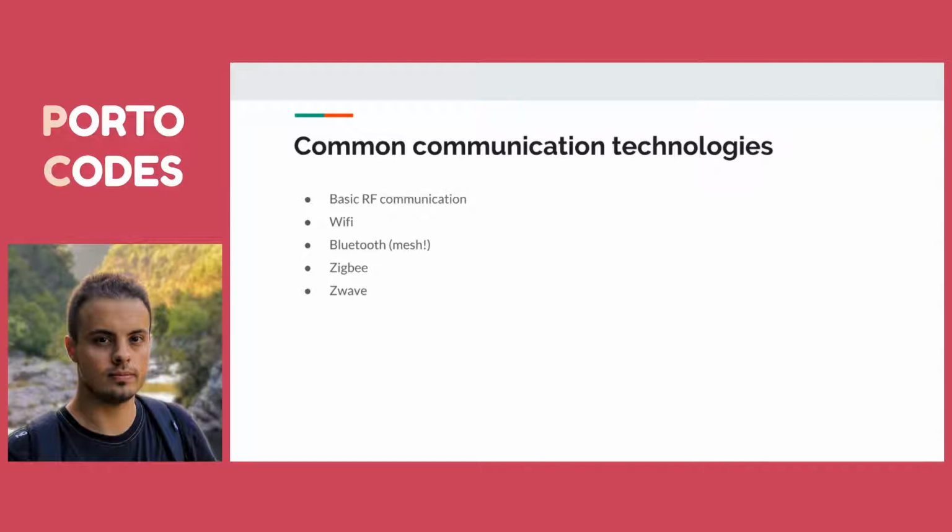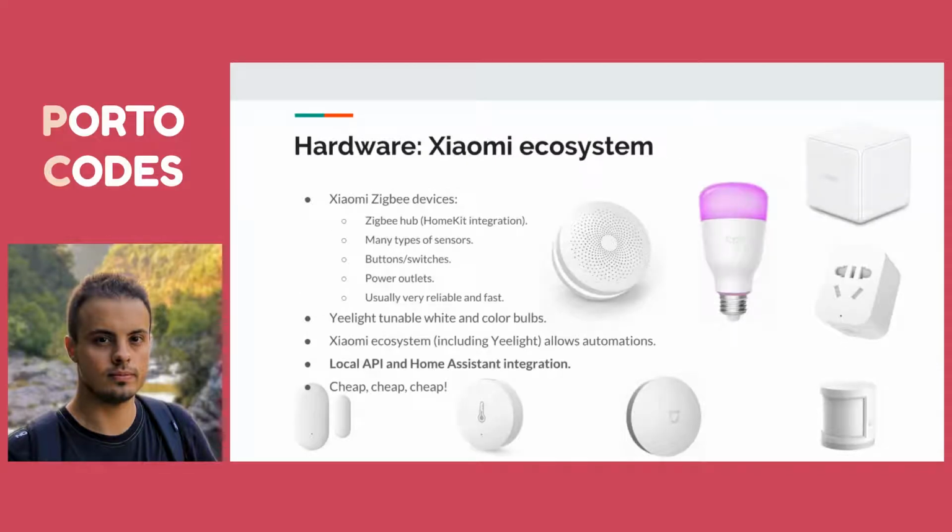Zigbee doesn't really follow the protocol normally, but the devices are cheaper. Both are mesh, and both were made thinking not really of home automation, but industrial automation, and having it run on a sensor on a battery for a year or two. So they are a bit better than Wi-Fi on that.